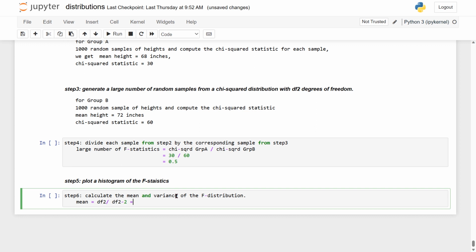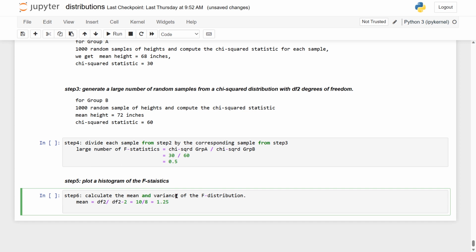So for us, it's 10 divided by 10 minus 2, that's 8, which equals 1.25. That's our mean. And then the variance is 0.79365. So that's the mean and variance. This is the manual way of doing it.